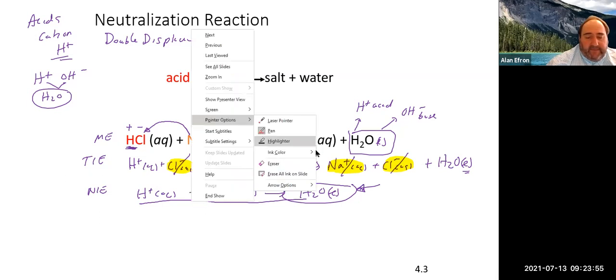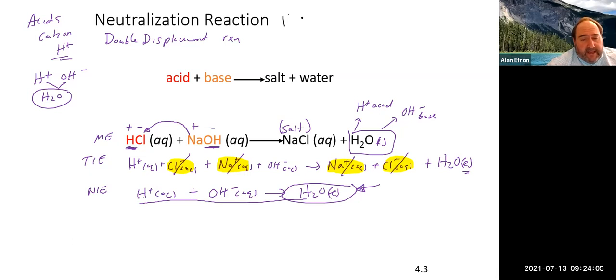Now, like I said before, it's always what you get no matter which combination of strong acid and strong base you put together. For example, if I put together nitric acid, one of our strong acids, with potassium hydroxide, a strong base, again positive and negative, H plus from the acid and OH minus from the base will come together to make water. K plus from the base and NO3 minus from the acid will come together to make potassium nitrate.